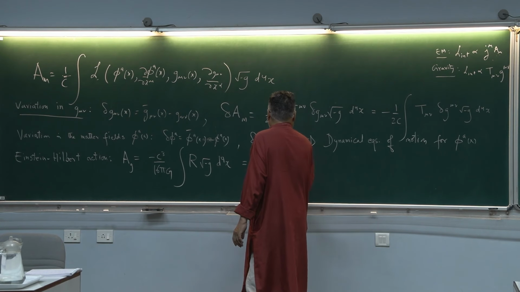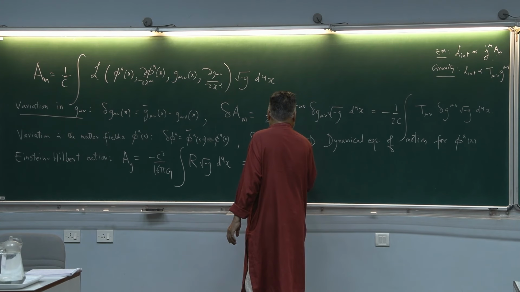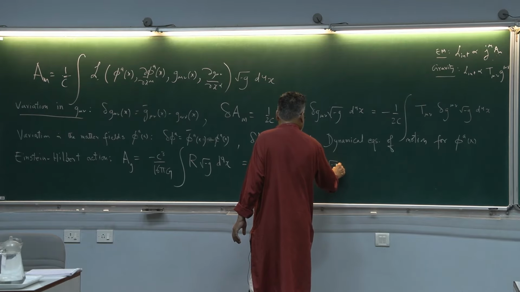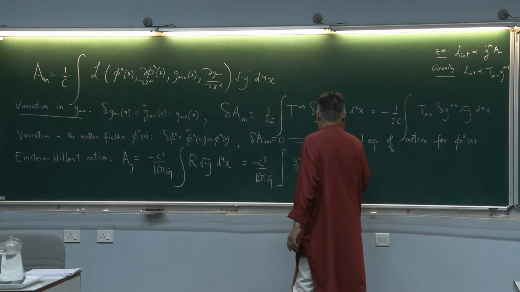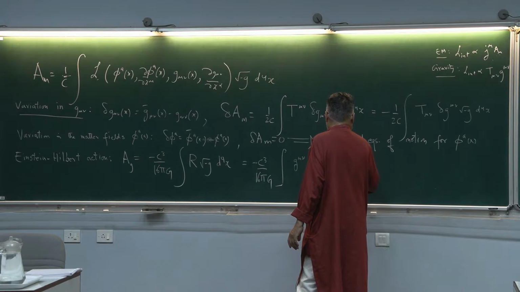And R we know is the same as G mu nu upstairs contracted with R mu nu downstairs. Okay.